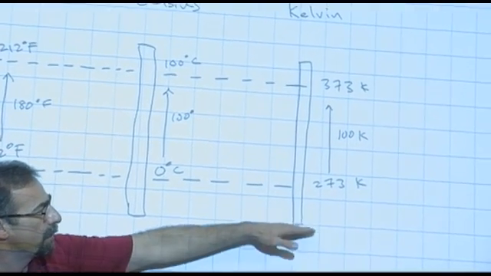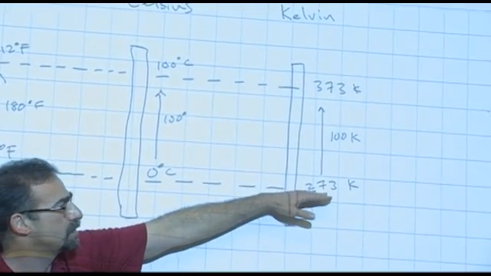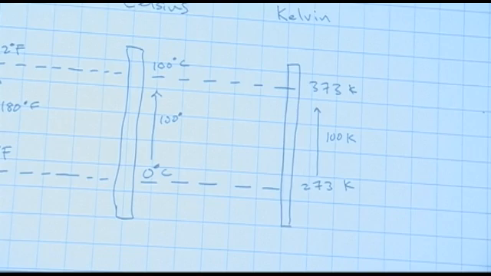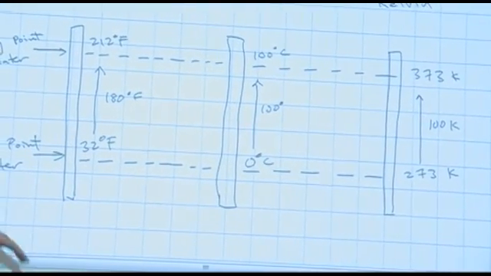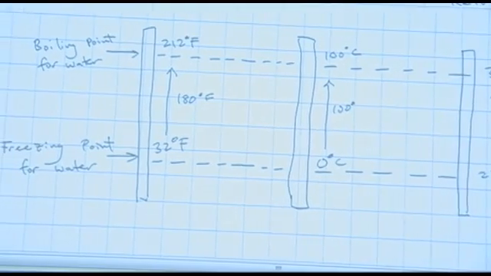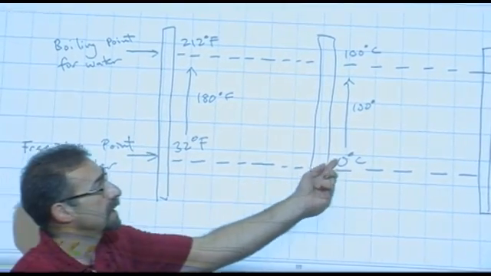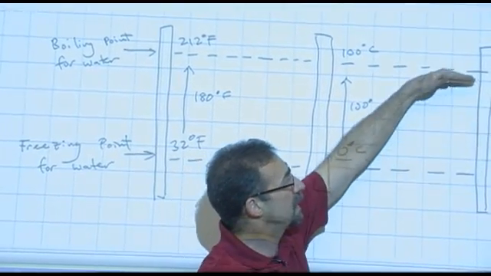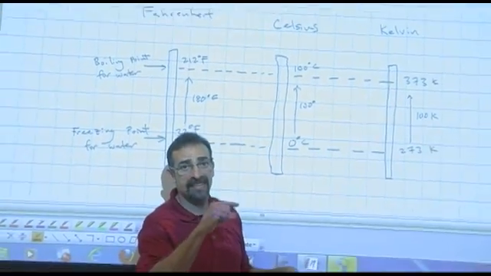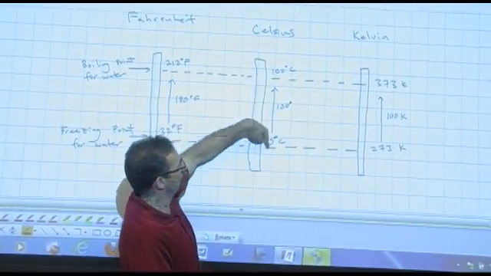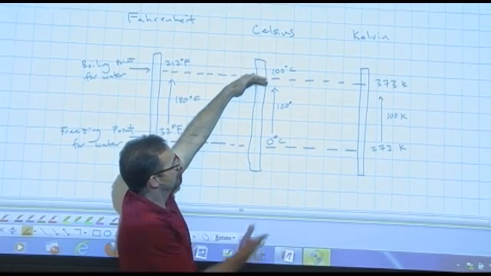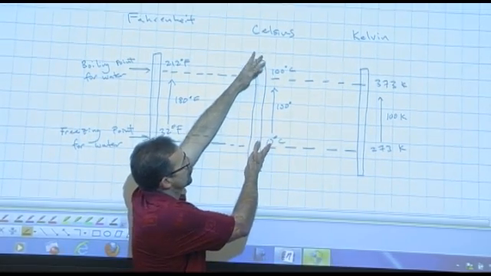And as we go up on the Kelvin scale, we get to 273 Kelvin. And that corresponds to 0 degrees Celsius, which is our freezing point of water. And the Celsius and Kelvin scales have the same unit increment. So from boiling to freezing, from freezing to boiling, it's 100 degrees on the Celsius scale.